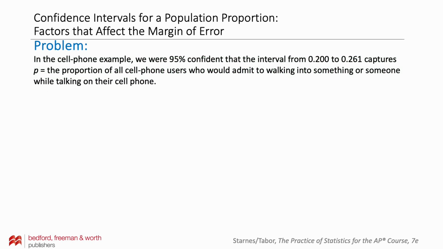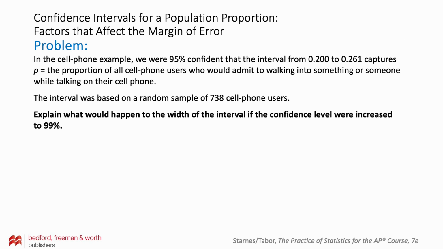Let's see how we can interpret how certain factors affect the margin of error in a problem. In the earlier example, we were 95% confident that the interval from 0.2 to 0.261 captures the true proportion of all cell phone users who would admit to walking into something or someone while talking on their cell phone. The interval was based on a random sample of 738 cell phone users. Explain what would happen to the width of the interval if the confidence level were to increase to 99%.